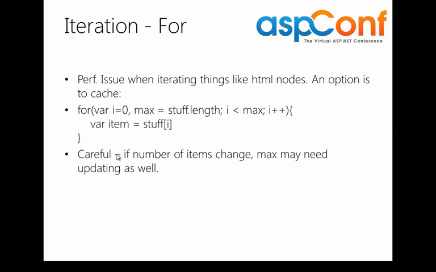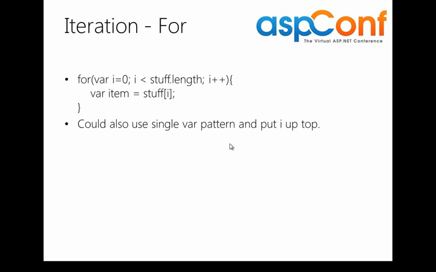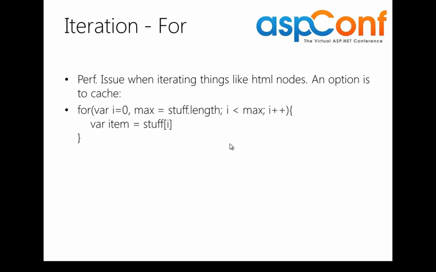The way around that is to simply declare max as a variable. So instead of doing this, var i equals 0, i less than stuff.length, i++, you can do var i equals 0, max equals stuff.length, i less than max. That means your stuff.length will only be calculated the first time and not on subsequent iterations.